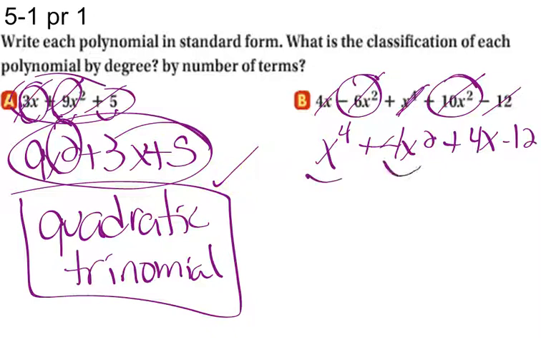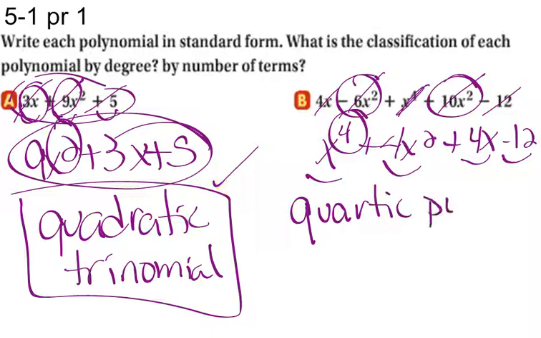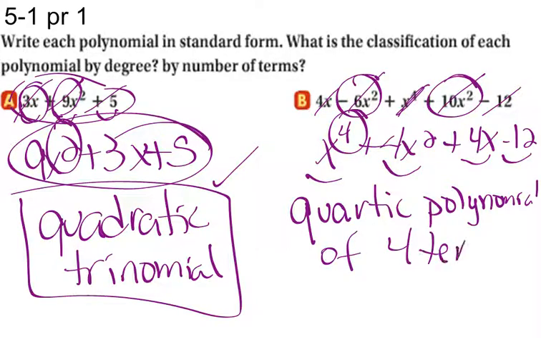So we have 1, 2, 3, 4 terms. And the highest power is 4. So it's a quartic polynomial of 4 terms. Q-U-A-R-T-I-C, quartic polynomial of 4 terms.